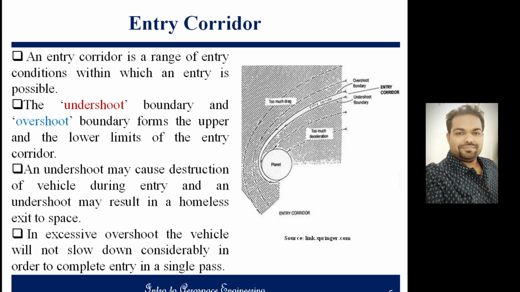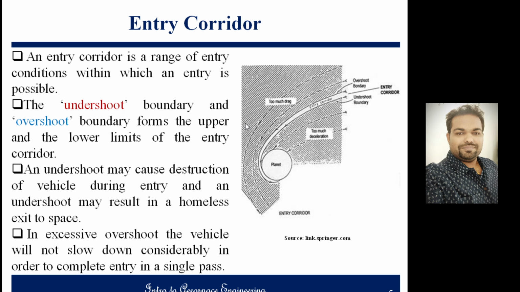If the guidance error results in excessive overshoot, similarly if you are going this side, then the vehicle will not slow down considerably in order to complete entry in a single pass. So speed cannot be reduced. That is also very difficult. Particularly to complete re-entry in a single pass, it has to be reduced.